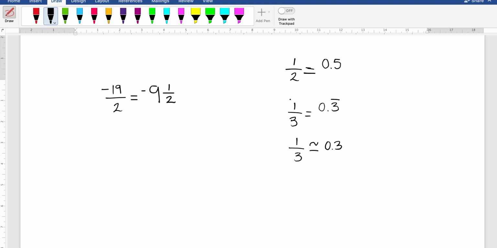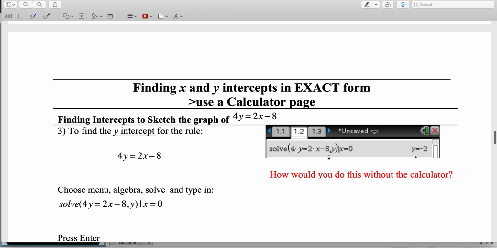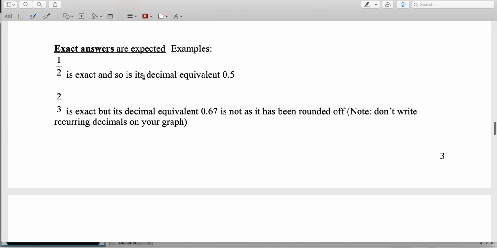So when we're giving answers in exact form, if my answer is 1/3, I have to write it as 1/3, not as 0.3 or 3/10, because that's an approximation, okay?